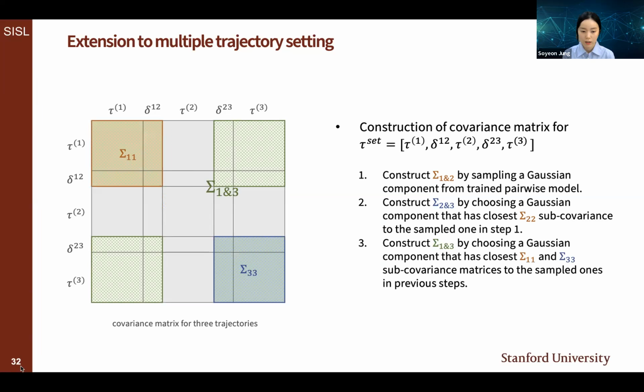Finally, we construct sigma 1,3 subcovariance by choosing a Gaussian component that has the closest sigma 1,1 and sigma 3,3 subcovariance matrices to the sampled ones in step 1 and step 2. So this way we can construct the covariance matrix for the 3 trajectories.